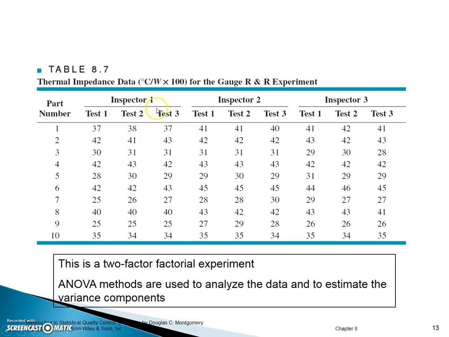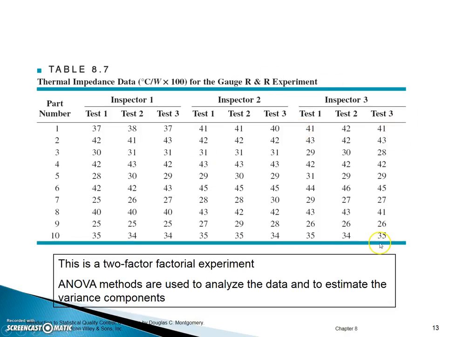In this example we have 1 operator, 2 operators, 3 operators, and to analyze the gauge system, each operator, which now we have multiple operators, so there might be some variability associated with the operator as well, measures each part 3 times. So operator number 1 measures part number 1 3 times. Operator 2 measures part number 1 3 times. Operator 3 measures part number 1 3 times.